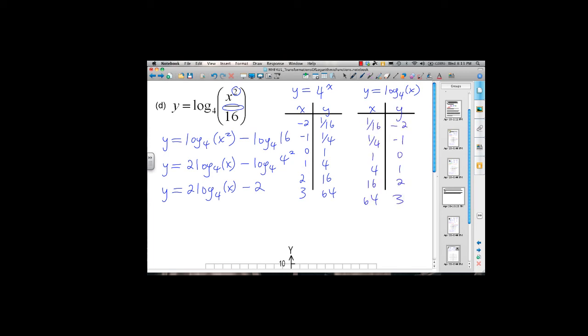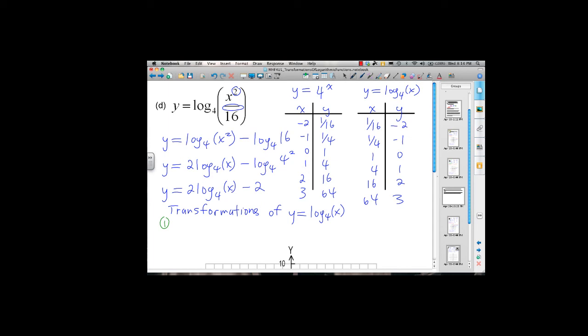Okay, so we've got our base exponential and then the corresponding inverse base that we will want to graph to start with. And then if we picture transformations that need to occur here, the function we are going to need to transform is log base 4 of x. So as far as what we would need to address first, we would need to address stretches first.